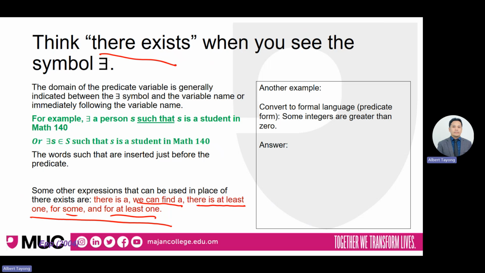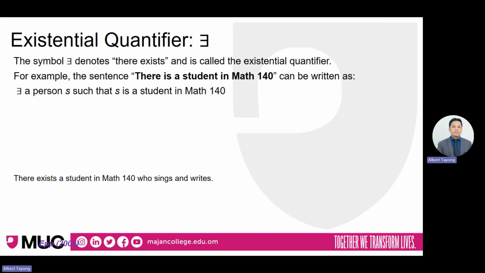For example, we say there is a student in Math 140. So let me answer it here. There is a student in Math 140. Our keywords there are there is a. It means not all students belong to this.